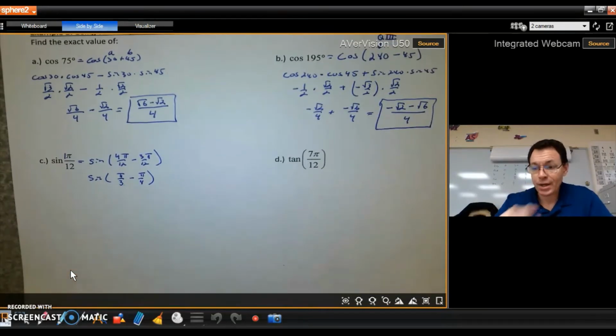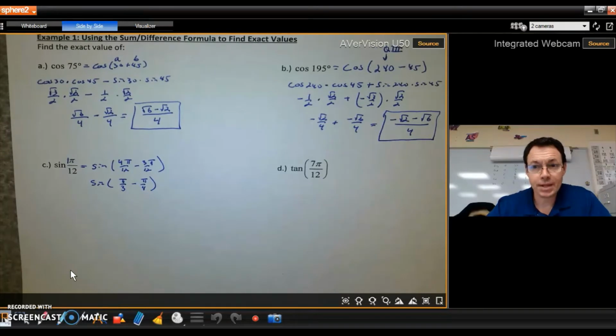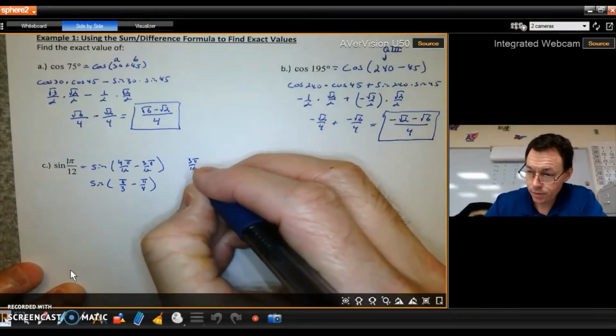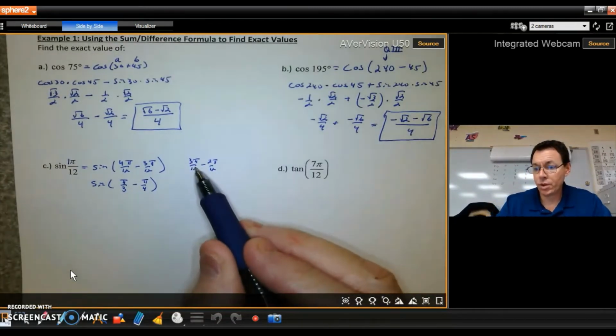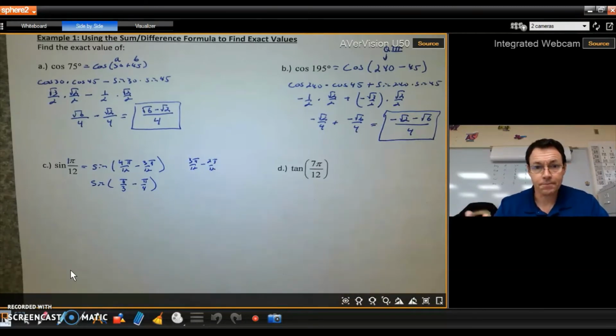So this works. What else could I have done? I could have done 3/12 minus 2/12 because those both reduce. 3 and 12 gives you pi over 4. 2 and 12 gives you pi over 6. Those are good to go. What could I have not done?